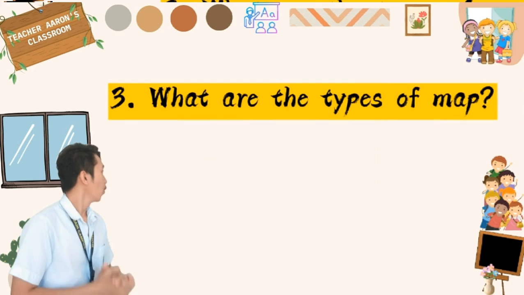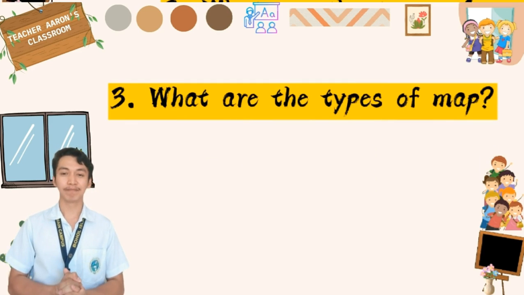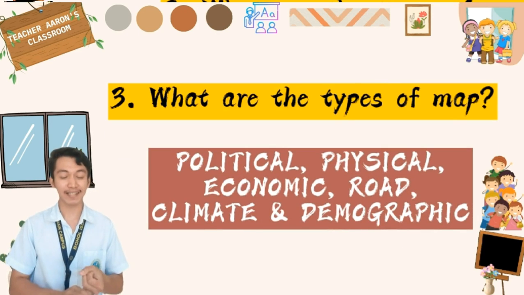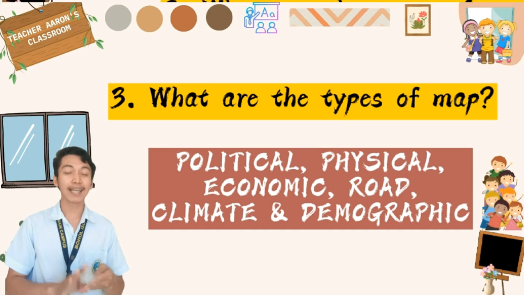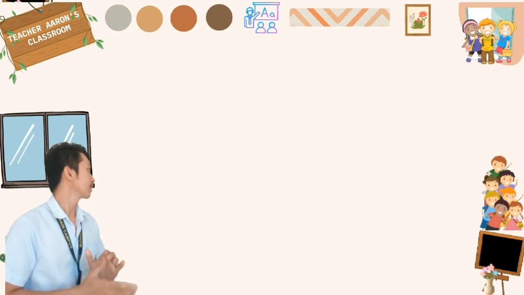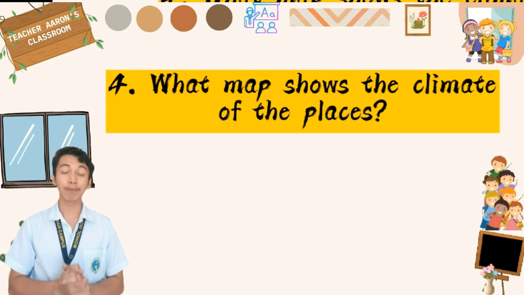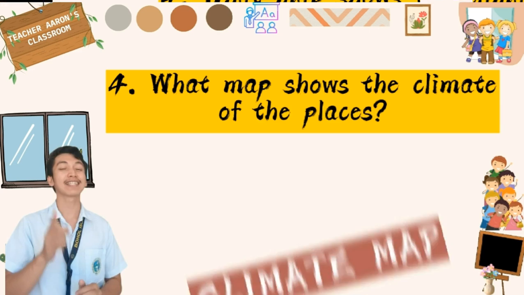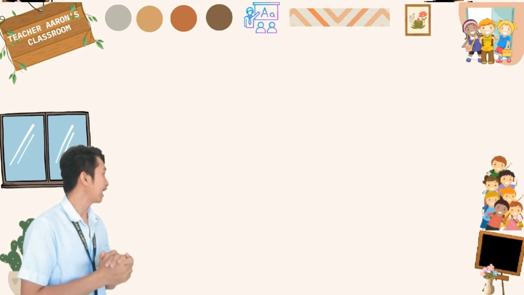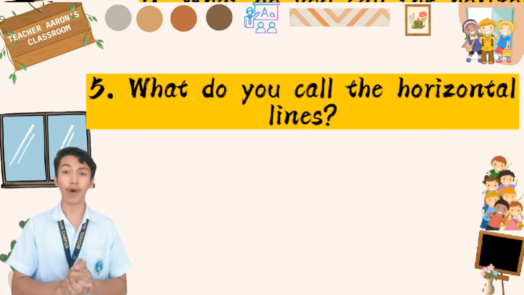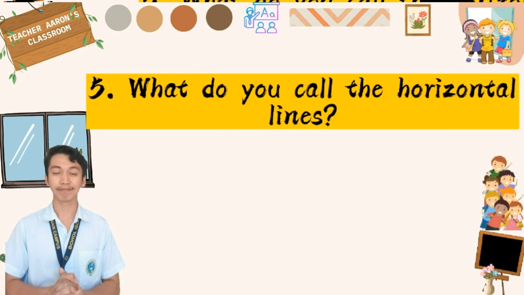Number 3, what are the types of map? Very good. It's political, physical, economic, road, climate, and demographic maps. Number 4, what map shows the climate of the places? It's the climate map. Number 5, what do you call the horizontal lines on the globe?